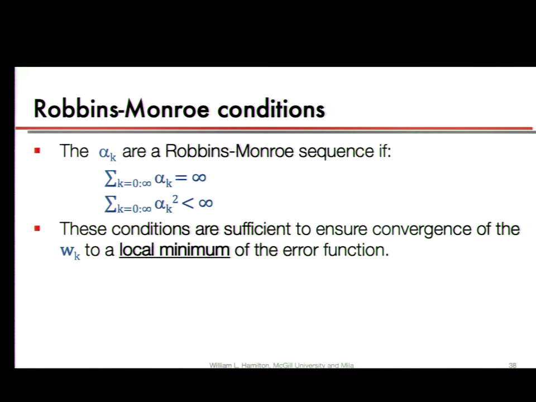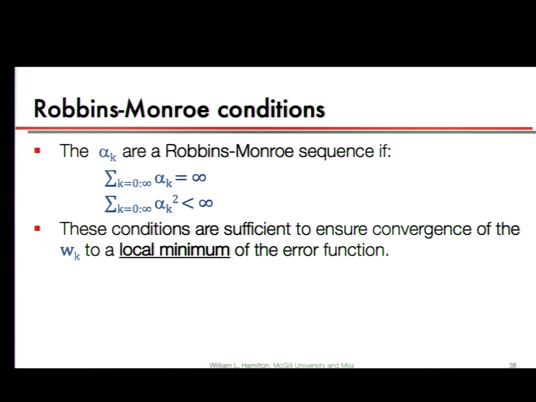So all is not lost. There actually is a way to guarantee that we can set these learning rate values such that we will converge under some conditions, and in fact, we're going to converge to what's called a local minimum. And I'll explain that in just a couple slides. These conditions are called the Robbins-Monroe conditions.